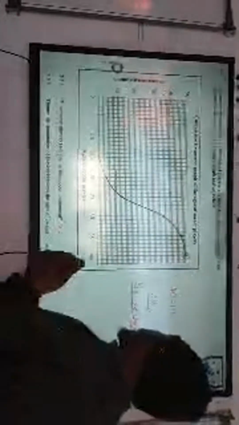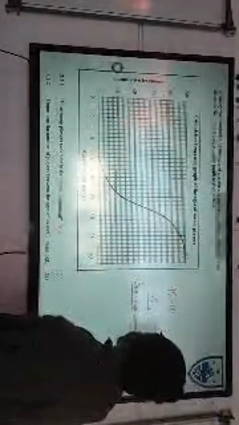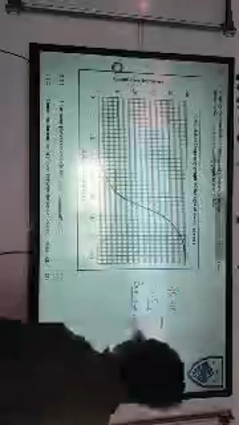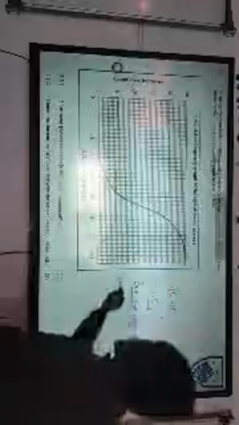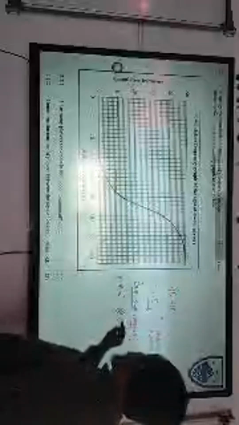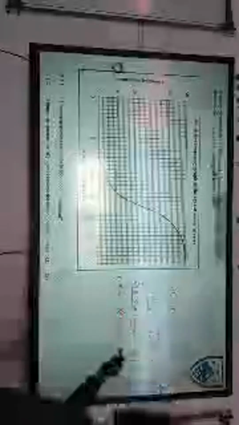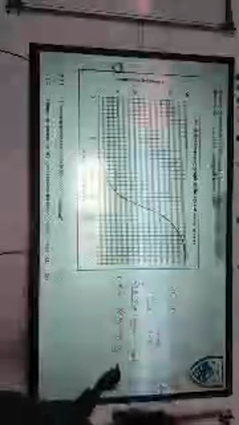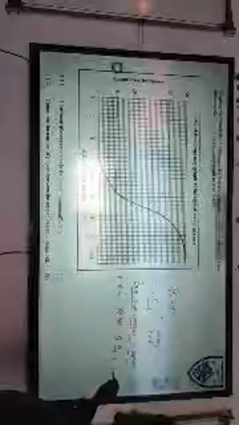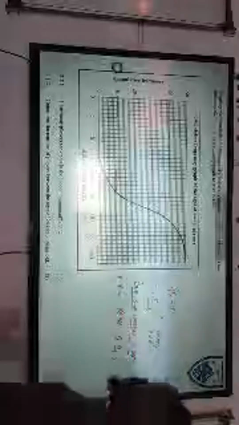With the box and whisker diagram, we need the five-number summary. Number 1, we need to find the minimum. Number 2, the maximum. 3, Q1. We also need to find Q2 and then Q3.